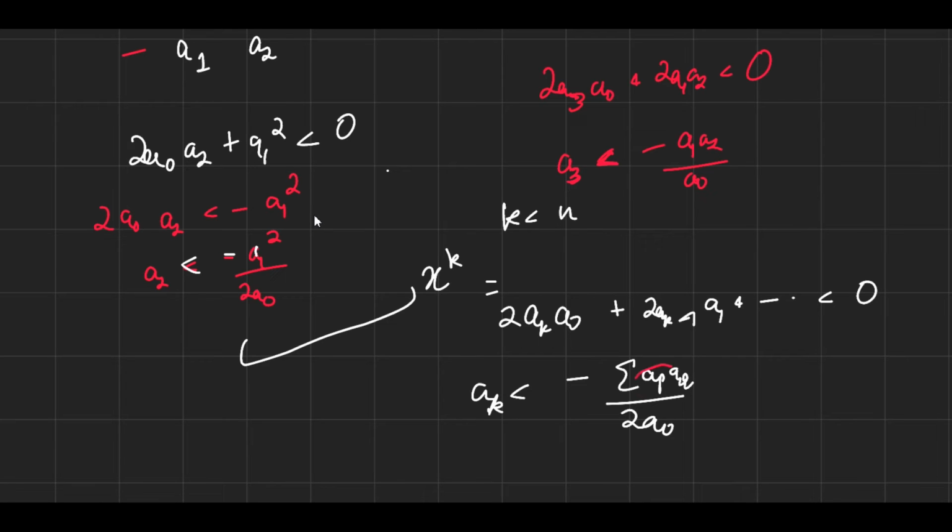The thing is, each p and q is a number less than k, which means that they're in the same parity slot, and so they multiply to something positive. This is a positive number, I'm taking the negative of it, so I'm saying it's less than some negative number. So ak always exists. All the numbers up to a_(k-1) existing by the way we want implies ak exists.